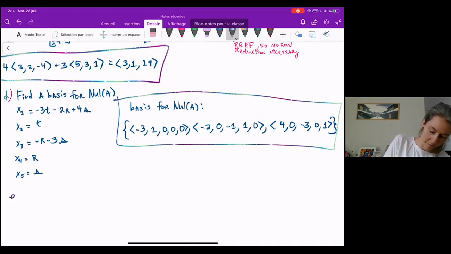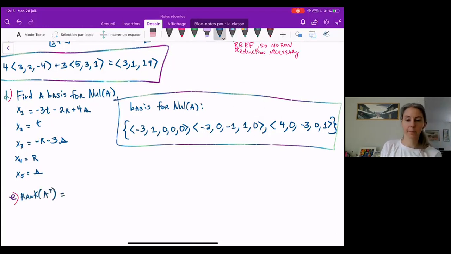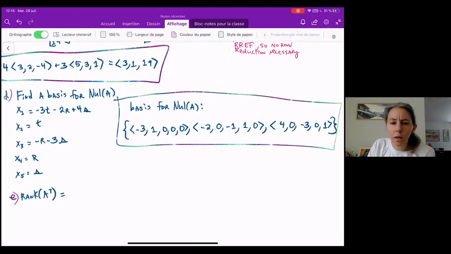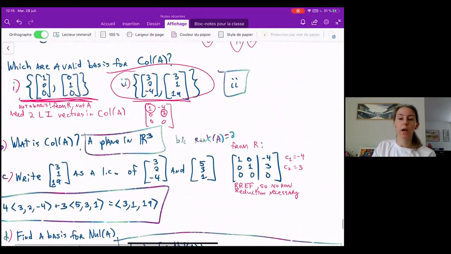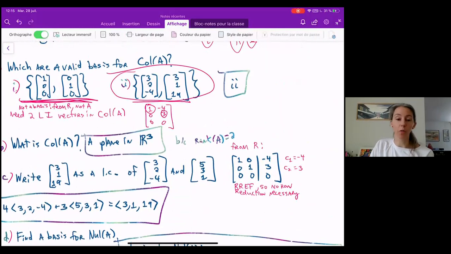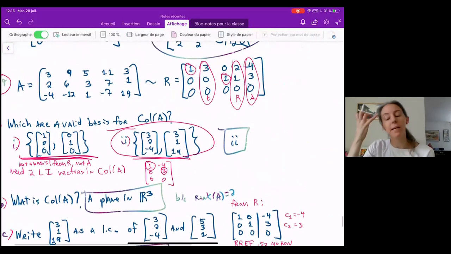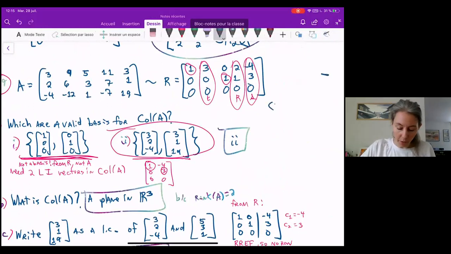E. What's the rank of A transpose? The question is, in A, why is the second vector not the one with the pivot? Because bases are not unique, right? If I asked you to write a basis for the column space, you would probably write (3, 2, -4), (5, 3, 1).